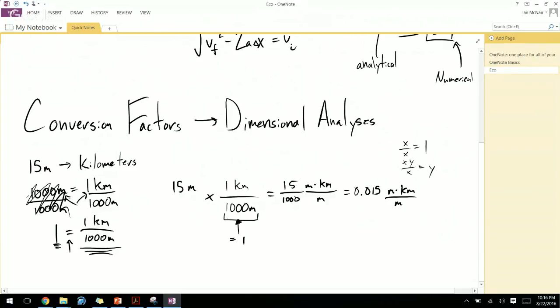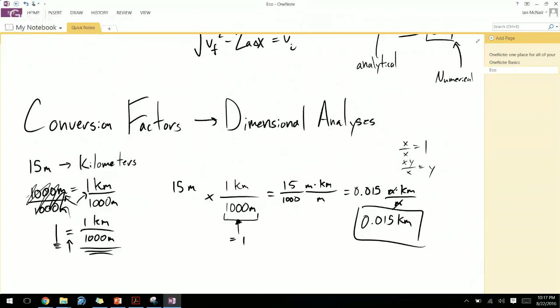Same thing here. We have m, km divided by m. These cancel out. So we're really just left with 0.015 kilometers. So when you do conversion factors, really you're just multiplying by 1 in a special way where your units are different so that you can convert between units. So I always think that's important to know.